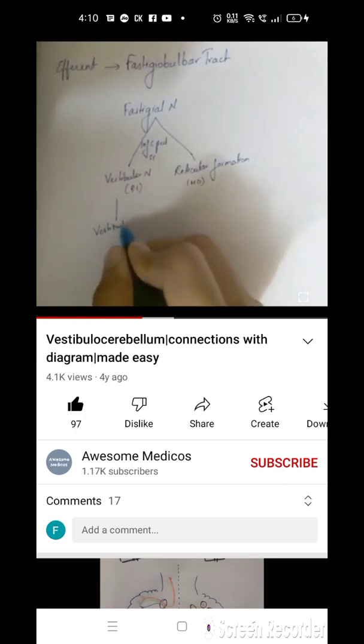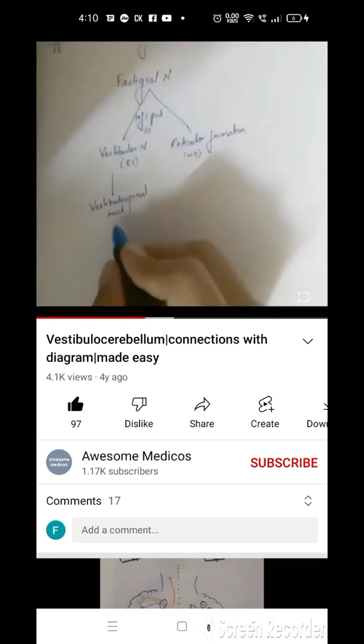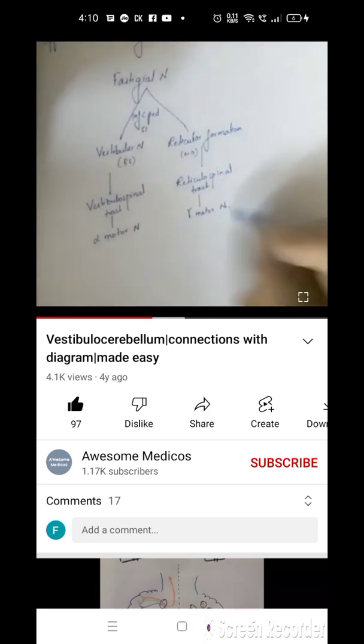From here through the vestibulospinal tract, so in the name itself it is there, it ends in the alpha motor neurons of spinal cord. And from here through the reticulospinal tract, it ends in the gamma motor neurons of spinal cord.